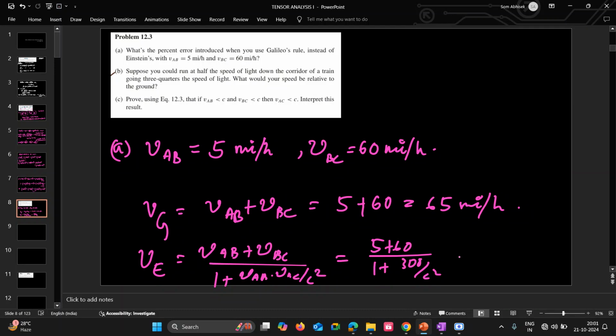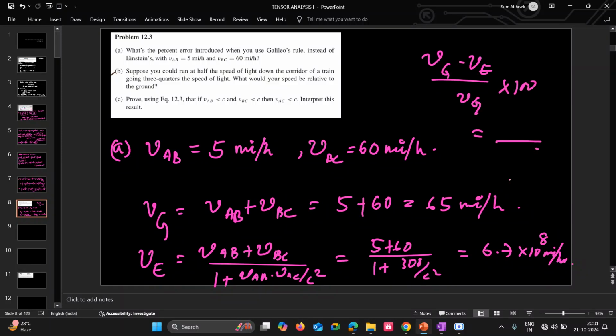After putting all the values, we will get 6.7 into 10 to the power 8 miles per hour. And if we want the percentage, it is very simple: Vg minus Ve divided by Vg into 100, and you will get the percentage.